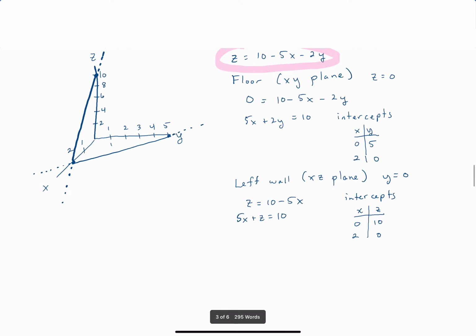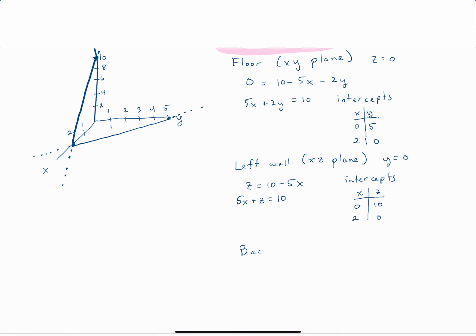Last, the back wall, which is what I call the YZ plane. That is where x is 0, because x tells you how far out in front of the back wall you are or how far behind it you are.